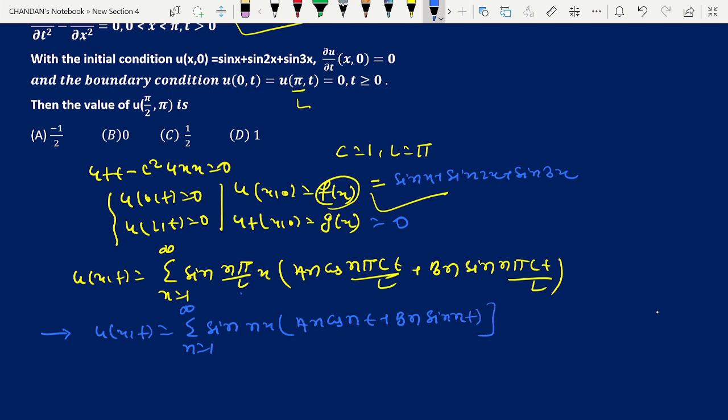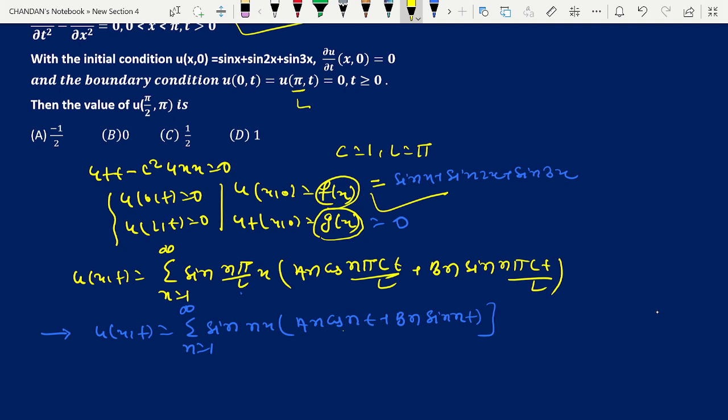Okay, now whenever you differentiate one time, g(x) is equal to 0, so you differentiate to get cos nt. If you differentiate with respect to time t, then substitute the value of 0, the coefficient of a_n is equal to 0.